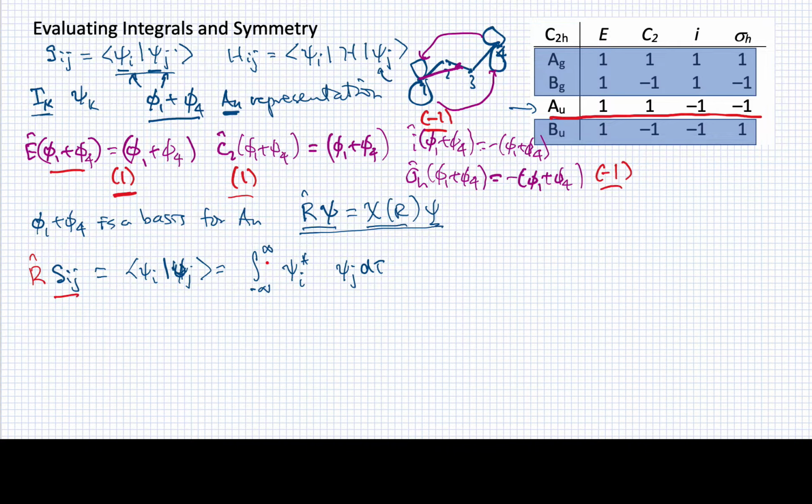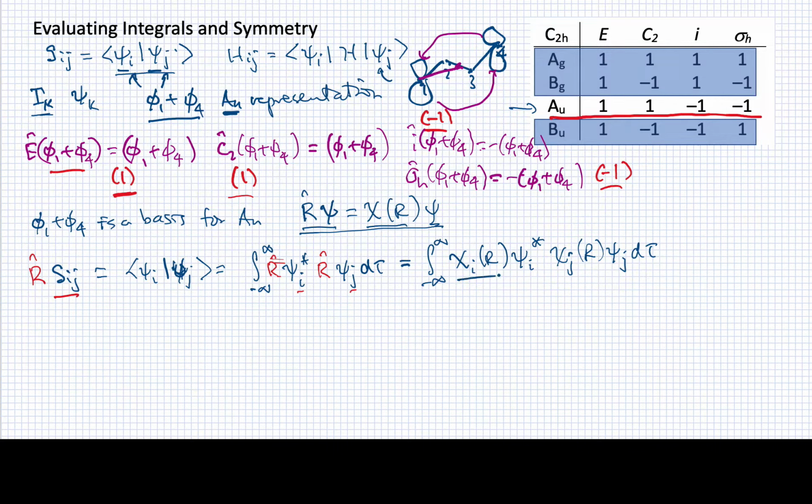All right, that is in effect the same as making that symmetry operation apply to each of the functions in the integral. Now if these functions belong to these irreducible representations, the result of this symmetry operation will be as follows. I'll end up with the integral, and here I'll have chi sub i for that symmetry operation, multiplying psi i star, and here I'll have chi sub j operating on this, times psi sub j, and integrating.